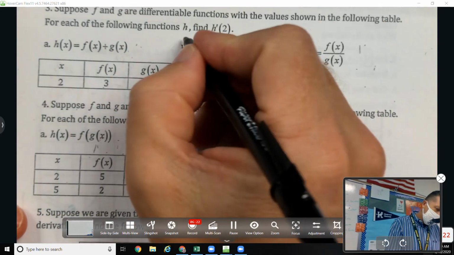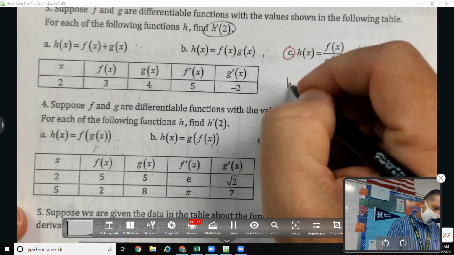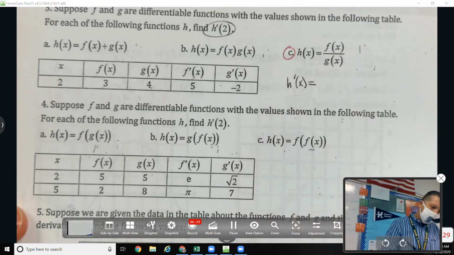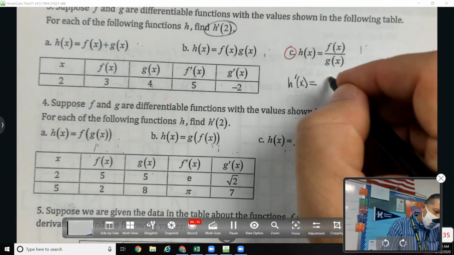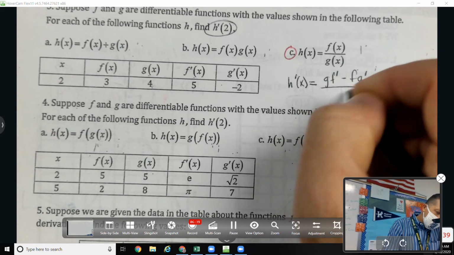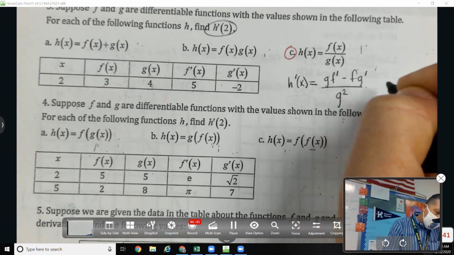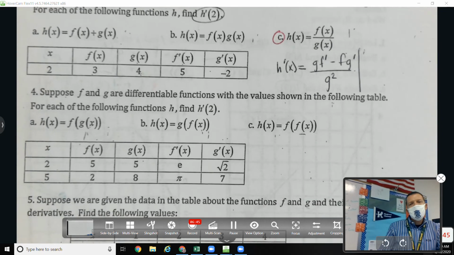It says for the following functions find h prime. Well, h prime, this is the quotient rule, and they've got it set up for me correctly in terms of who's f and who's g. So g f prime minus f g prime over g squared. And then here's another symbol that maybe we haven't used before.